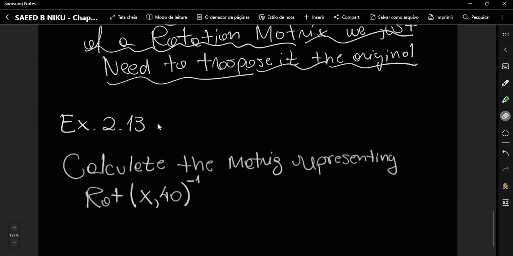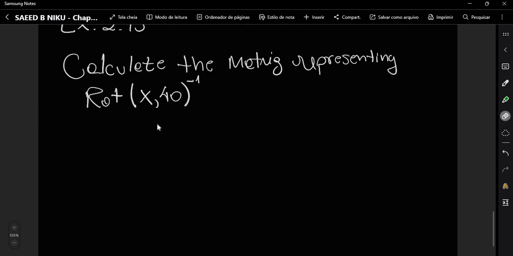I take a step back to pass that to you because the example we are about to solve is an example with a matrix of order 4.